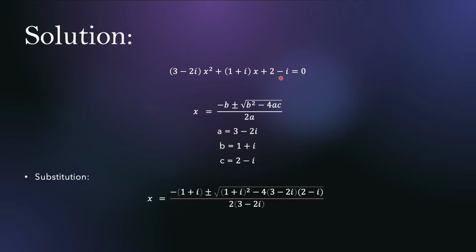So upon substituting these coefficients into our quadratic formula, we have that x is equal to negative (1 plus i) plus or minus the root of (1 plus i) squared minus 4 times (3 minus 2i) multiplied by c, which is 2 minus i, and then everything divided by 2a. Again, our a is 3 minus 2i.